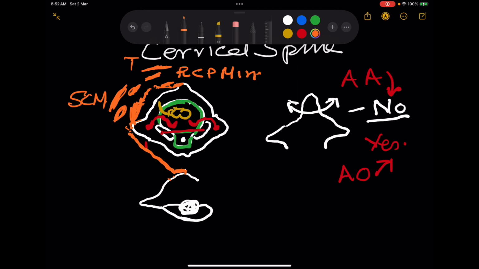So this is the placement of the muscles that extend the occiput. All are attached posteriorly, so they will extend the occiput at the atlanto-occipital joint.